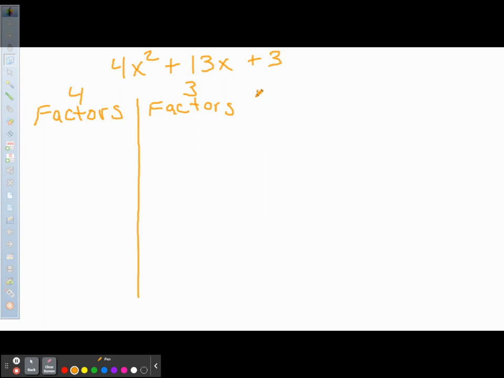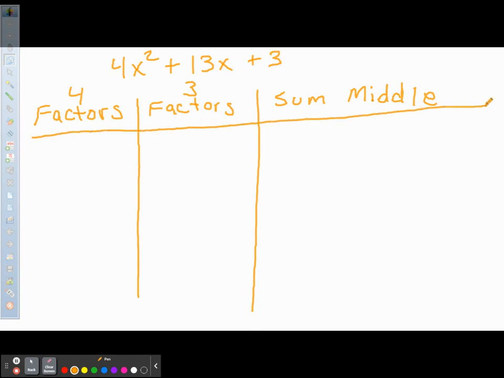Then you have to see what the sum of the middle term will be, because you want the sum of the middle term to be 13. And depending on how you write it out, your middle term could be different. It might not be 13.